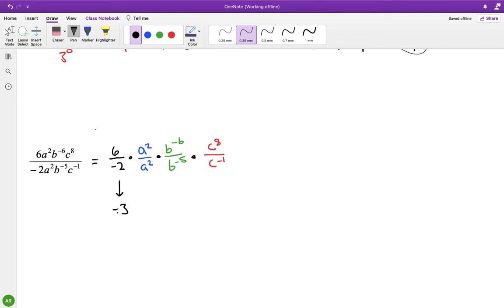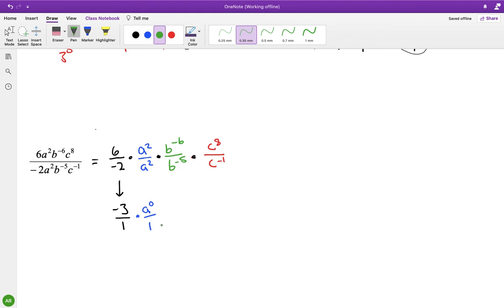It might be helpful to make it negative 3 over 1 just because we have other things we have to deal with. All right, so a squared. So remember, the trick with division is subtract. So 2 minus 2 is 0. So this turns into a to the 0 power, right, over 1. Or, well, you're going to find out just 1 here.